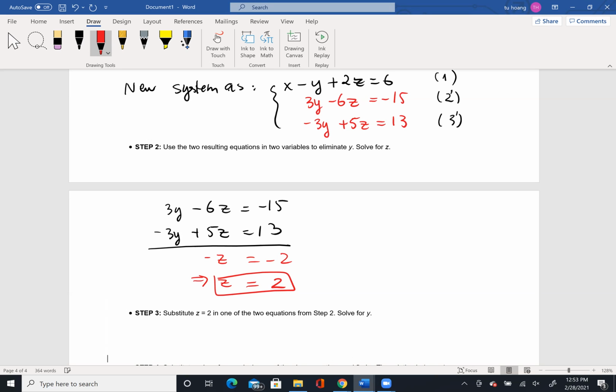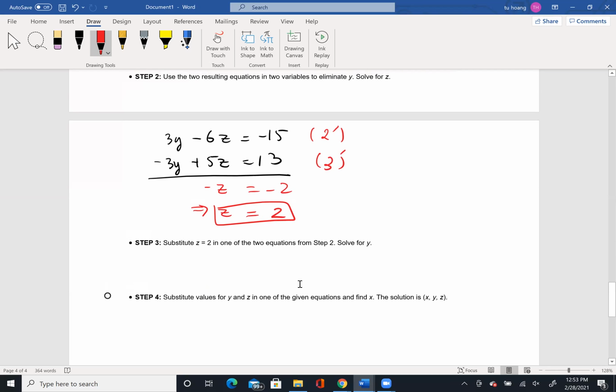I can either substitute this z equal to 2 into 2 prime or 3 prime over here. Doesn't matter. Let me choose 2 prime, and I have 3y minus 6 times z, z equal to 2 in this case, equal to negative 15. So then I have 3y minus 12 equal to negative 15.